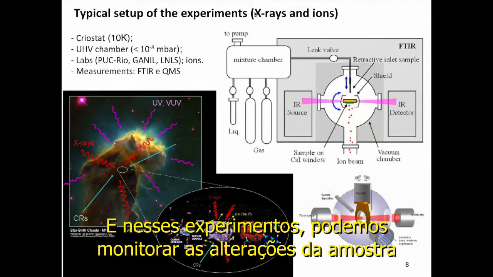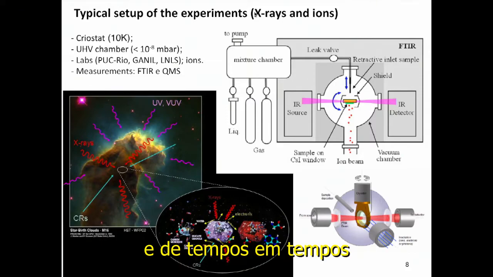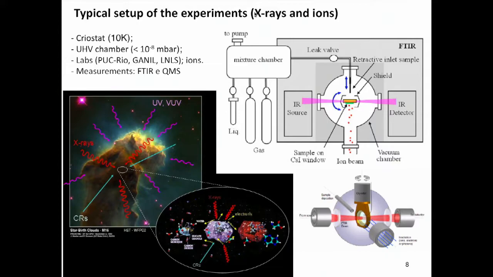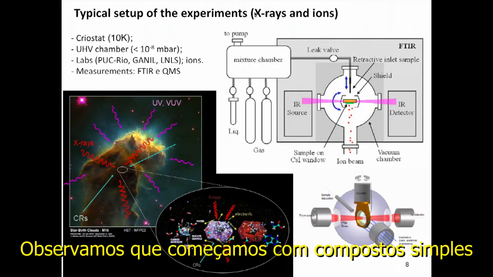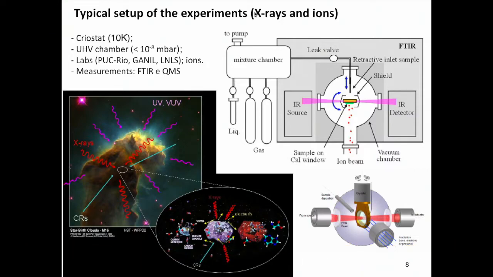In those experiments, we monitor the sample changes as a function of radiation dose, from time to time, using infrared spectroscopy. Okay? And we observe that, starting from simple compounds, after irradiation we have an enhancement in the complexity of the sample.